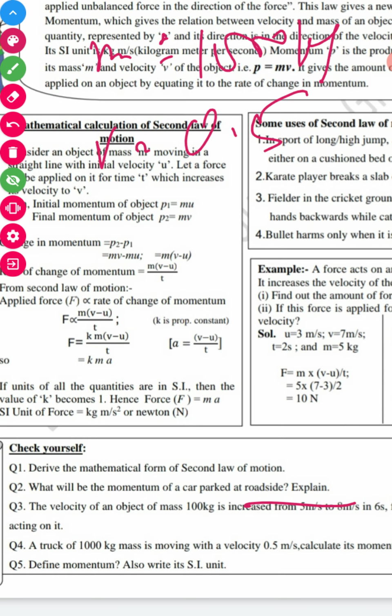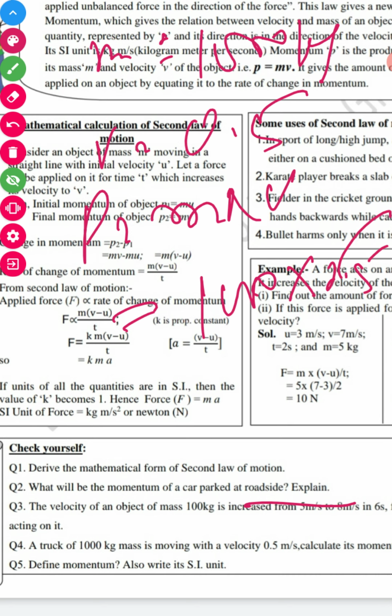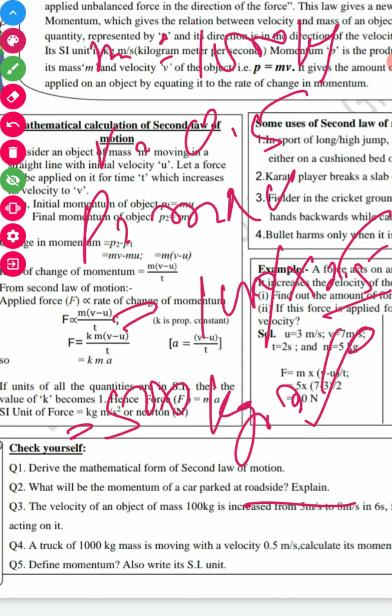As you know, we have m into v, so 1000 into 0.5, that is 500 kilogram meter per second.